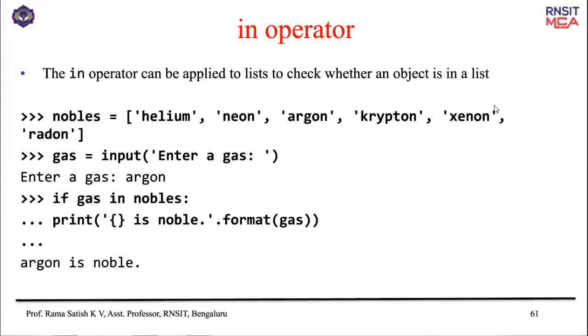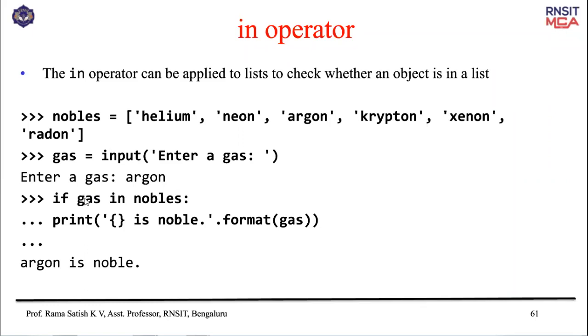Look at here. We have a list of noble gases. I want to input a gas and check whether that gas is present inside the noble gas list or not. So you ask the user for input, enter the gas, and the user will enter argon.